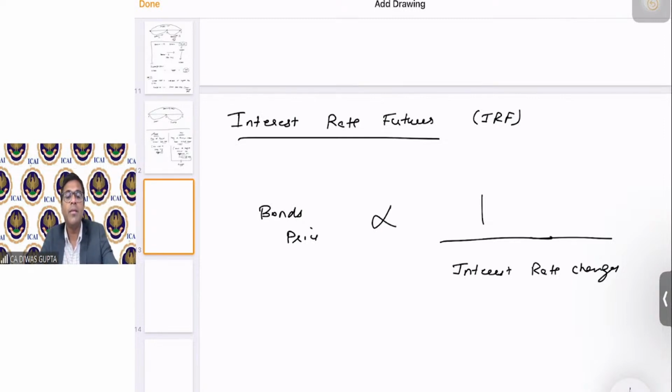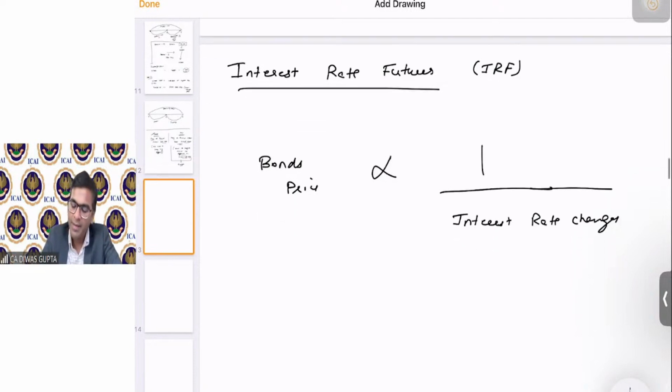If the interest rate moves down, the bond price moves up. Okay. So the bonds price is inversely related to the interest rate changes. And hence, we are making use of this relationship to enter into an interest rate future.